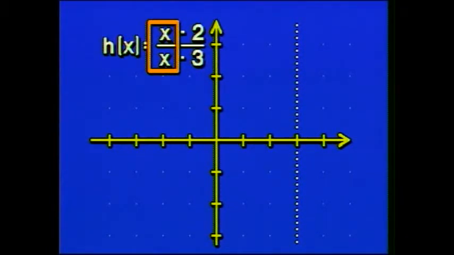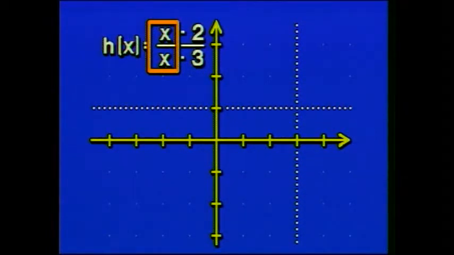Actually, we look at the degree of the numerator and denominator first. Those degrees are the same, and therefore to identify the horizontal asymptote, we form a fraction composed of the coefficients of the leading terms in the numerator and denominator. Here they're understood to be 1s. So it's the line y equals 1 over 1, or simply y equals 1.